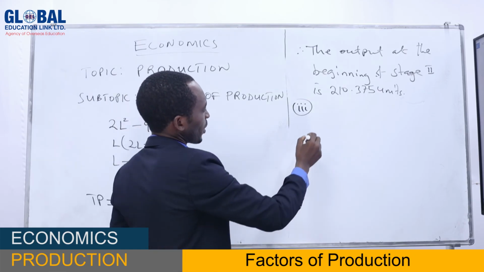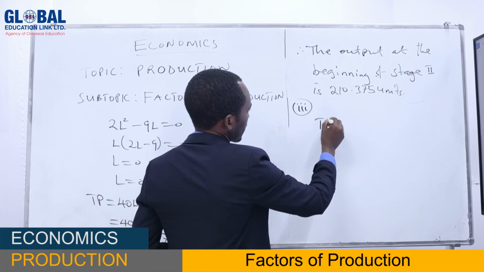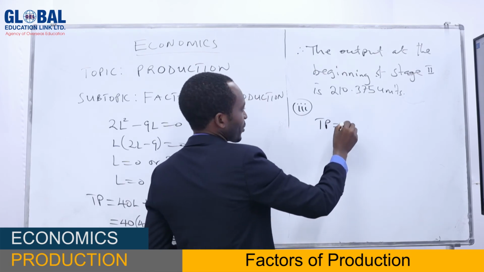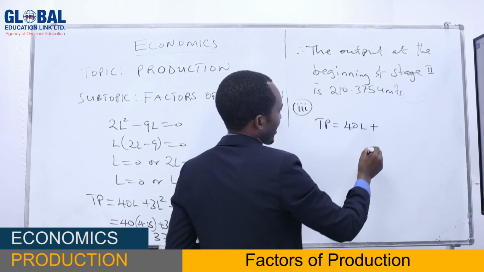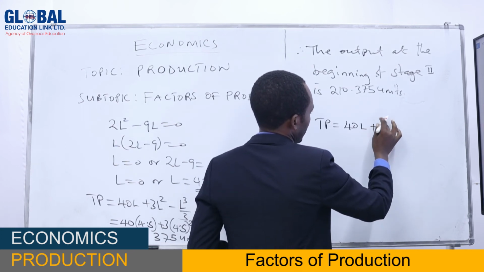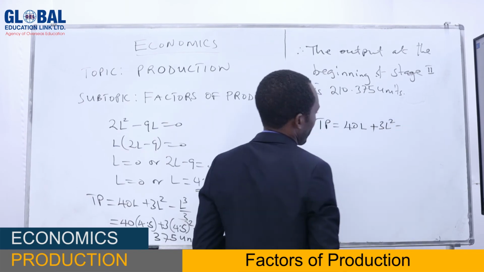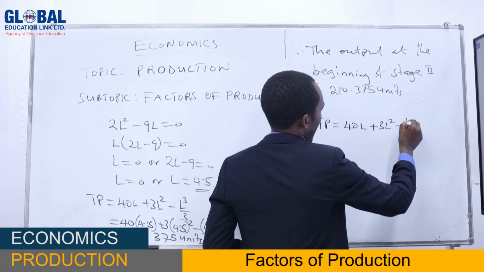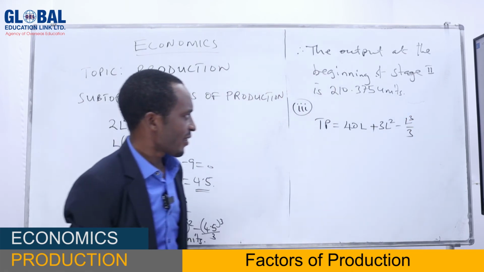So we know that the total product is equal to 4L plus 3L square minus L cube over 3.